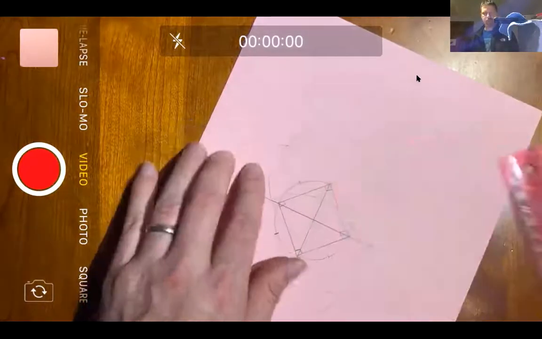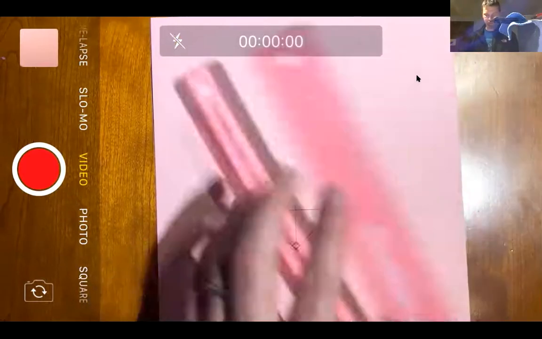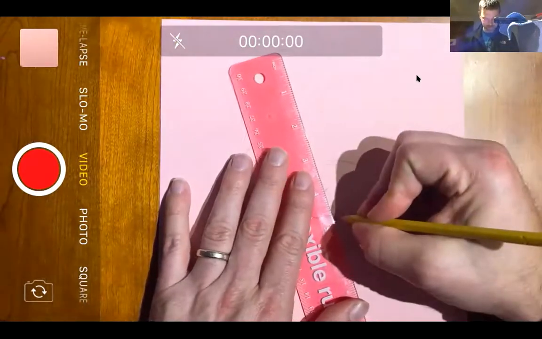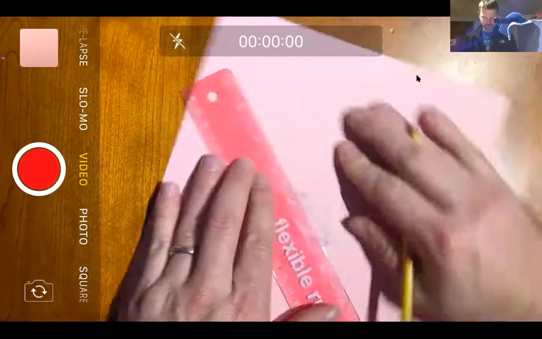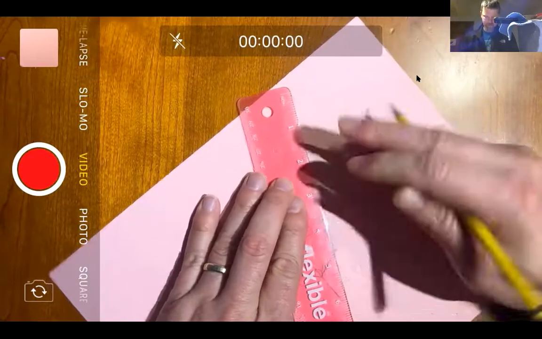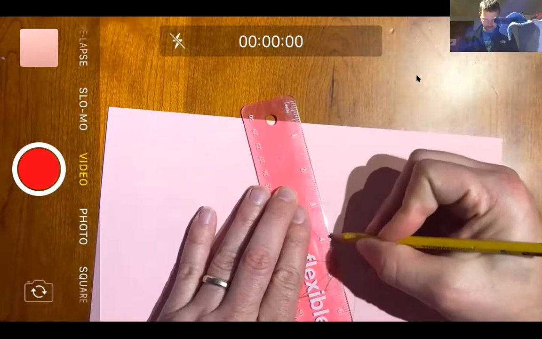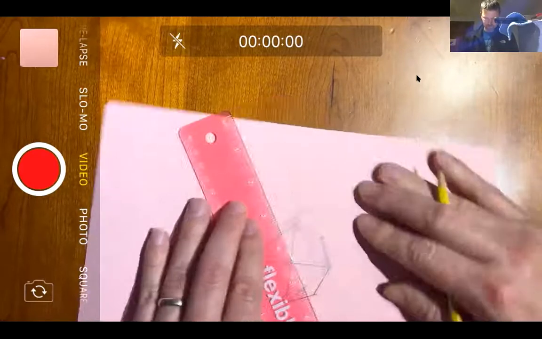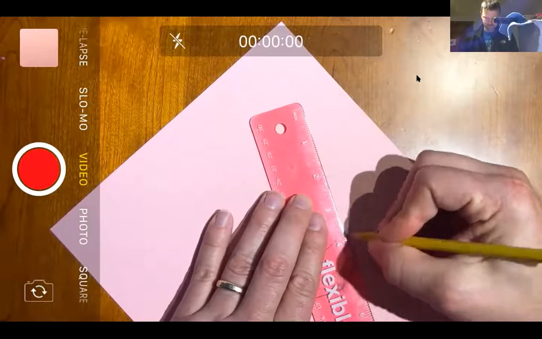So I had a square here, but if I didn't put those marks, instead I could go from the vertex of this square to that halfway point, and then back to the vertex. Halfway point. Back to the vertex.